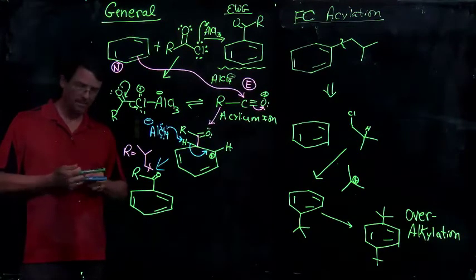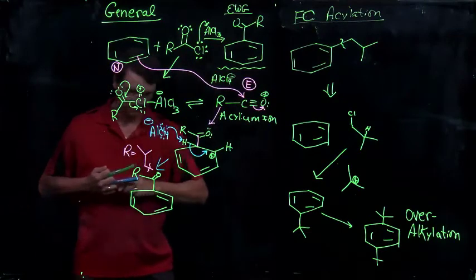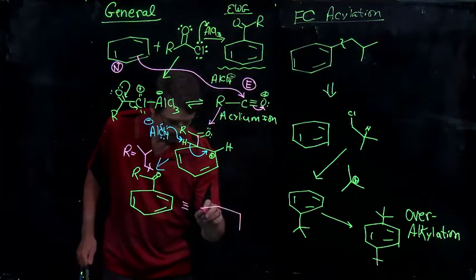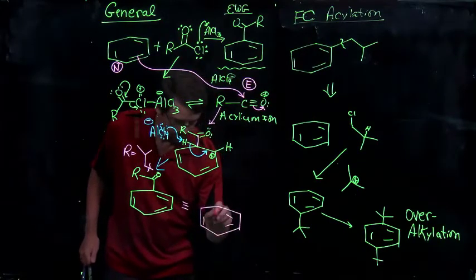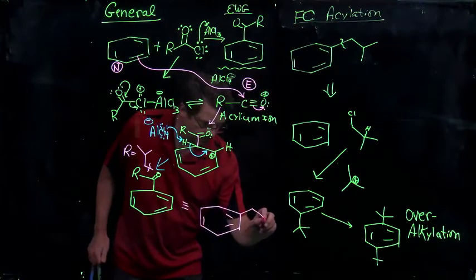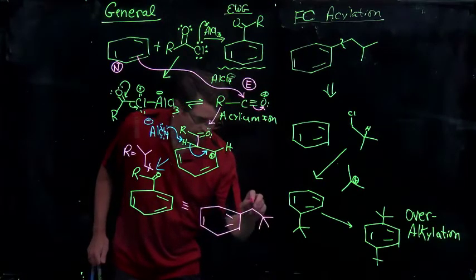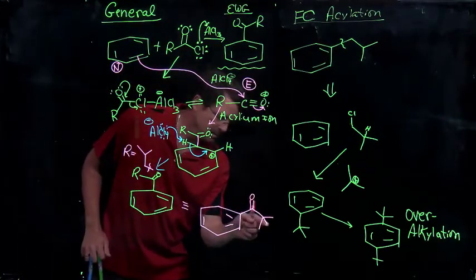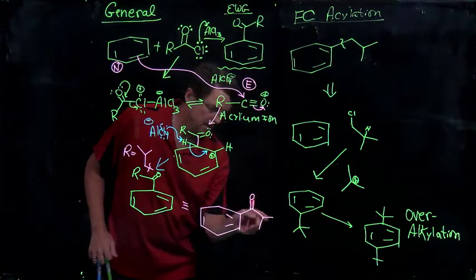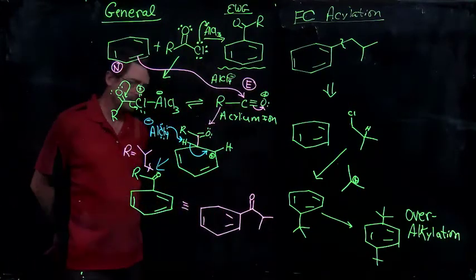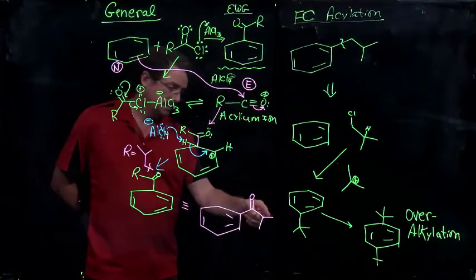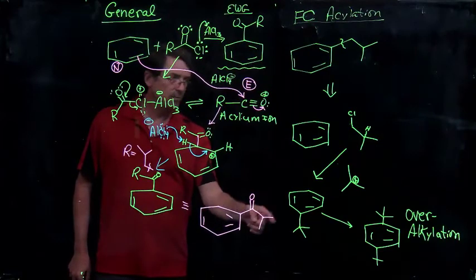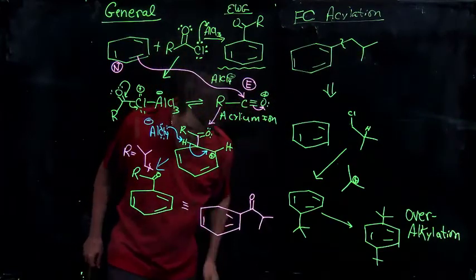Okay, that would then give us... See how easy it is to make a mistake? Always look back and double check yourself. That gives us this isopropyl carbonyl substituent. Do you see? 1, 2, 3, 4 carbons. 1, 2, 3, 4 carbons.